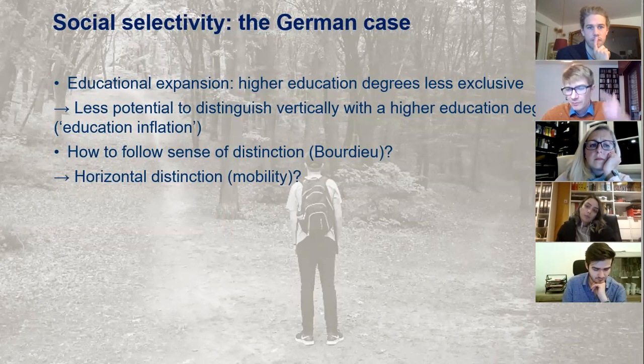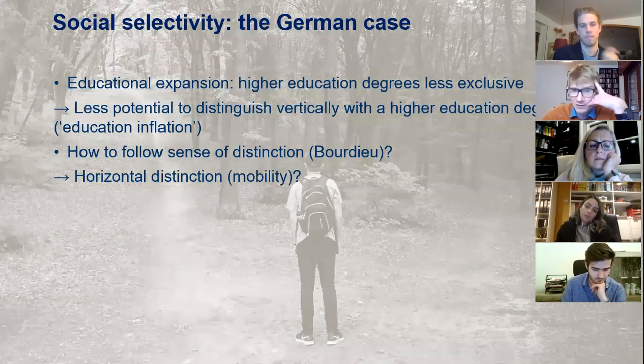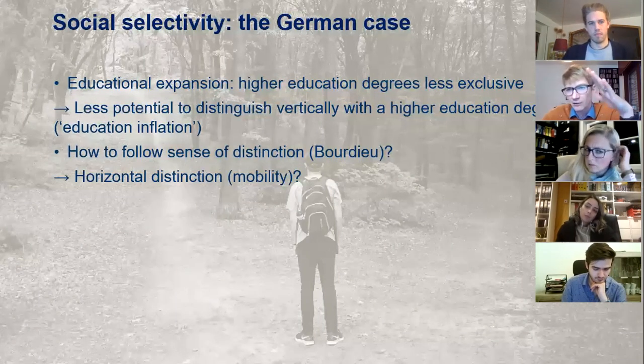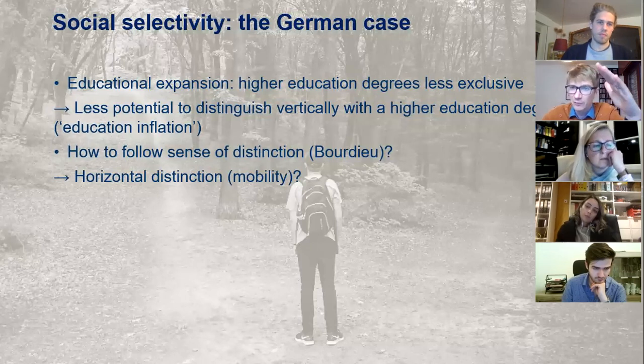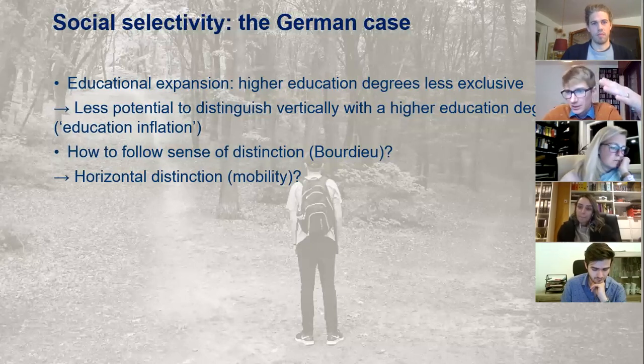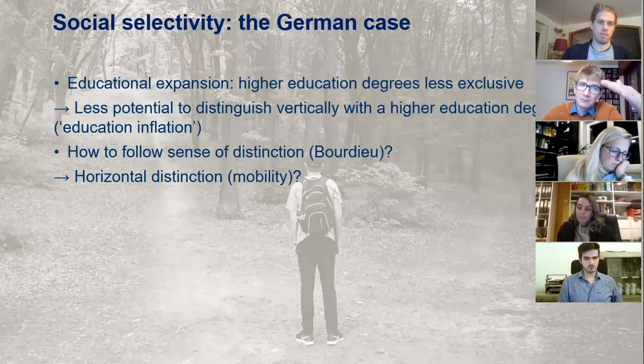Remember that one of the first graphs that I showed was the straight line of people that graduate from university or universities of applied sciences. We see that more and more people in the population get tertiary education, but that means that it is more difficult for people of the higher socioeconomic strata to distinguish themselves through higher education.